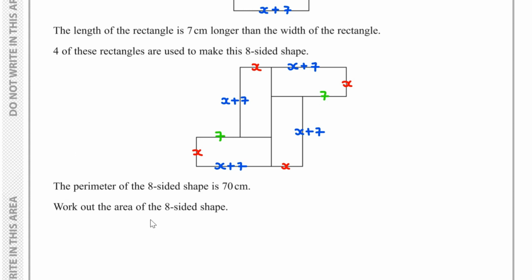So if we find out the perimeter, for the perimeter we've got x plus x plus x plus x, so that will be 4 lots of x.